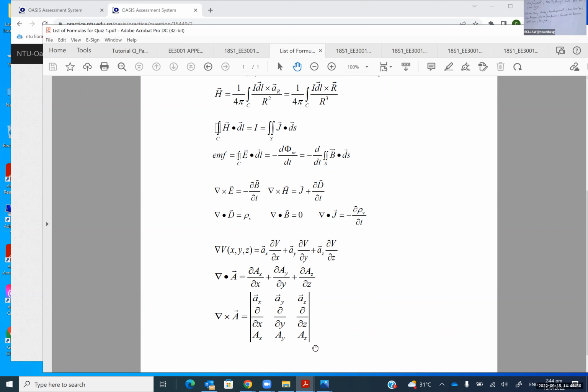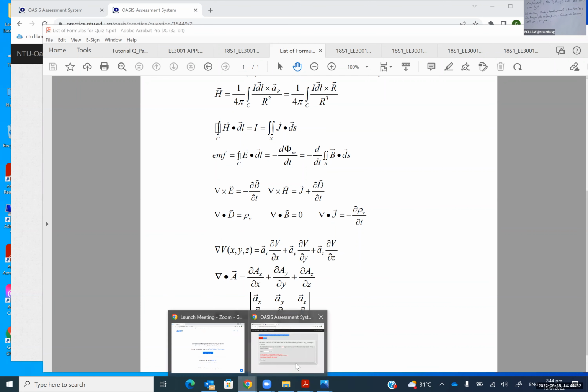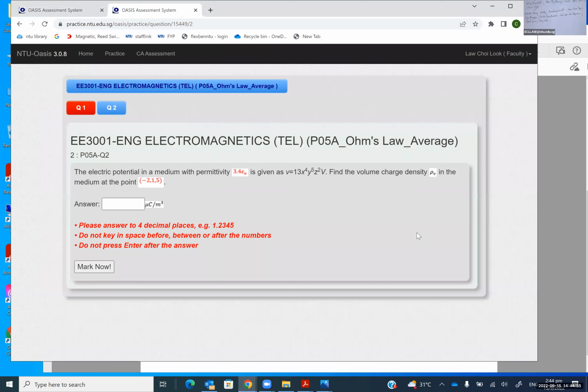How to calculate D in this question? D equal to epsilon E. E equal to negative gradient V. V is given, which you can then differentiate, right? Find the gradient vector, right? For the negative, that's your E, right? Evaluate at this point. So you will have your E value at that point. And then multiply by epsilon, which is epsilon naught, epsilon r, right? Then you have D. Good? Okay.